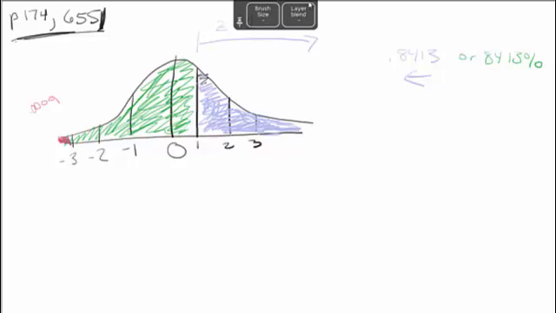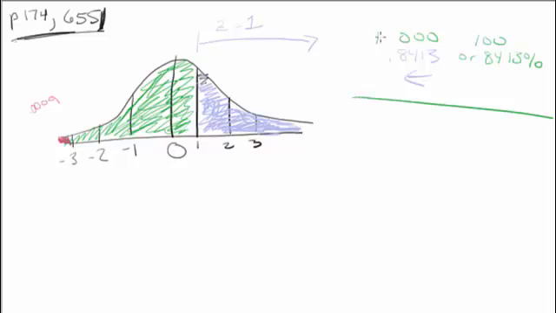Same thing. So I told you that the area under the curve is 100%, or it is 1.000. So an easy way to do this would just be to take 1 minus 0.8413, or 100 minus 84.13.